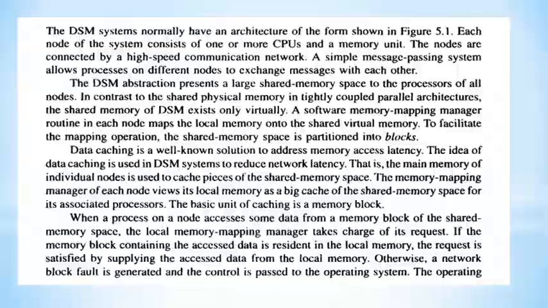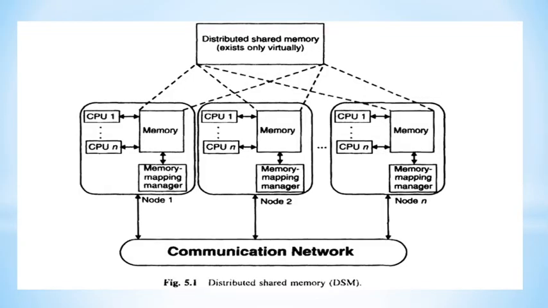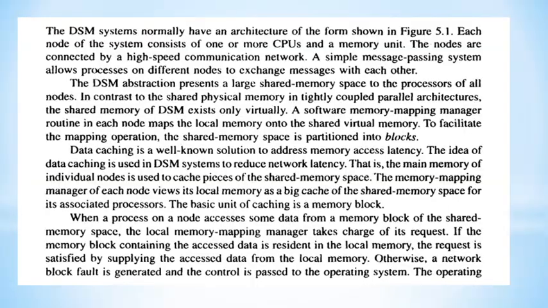Okay, overall you need to know about the architecture: the distributed shared memory will exist virtually, and different nodes will have one or more CPUs and a memory unit. The nodes are connected by a high speed communication network, that is this one.